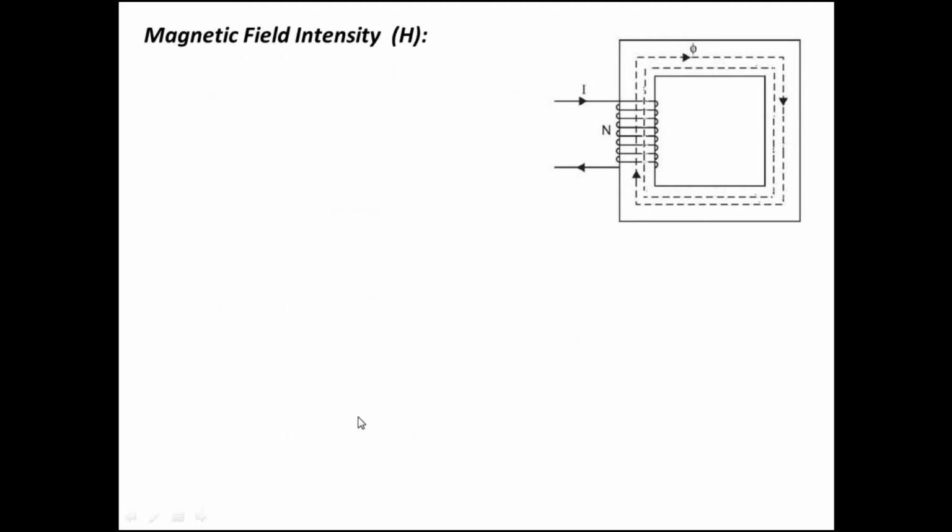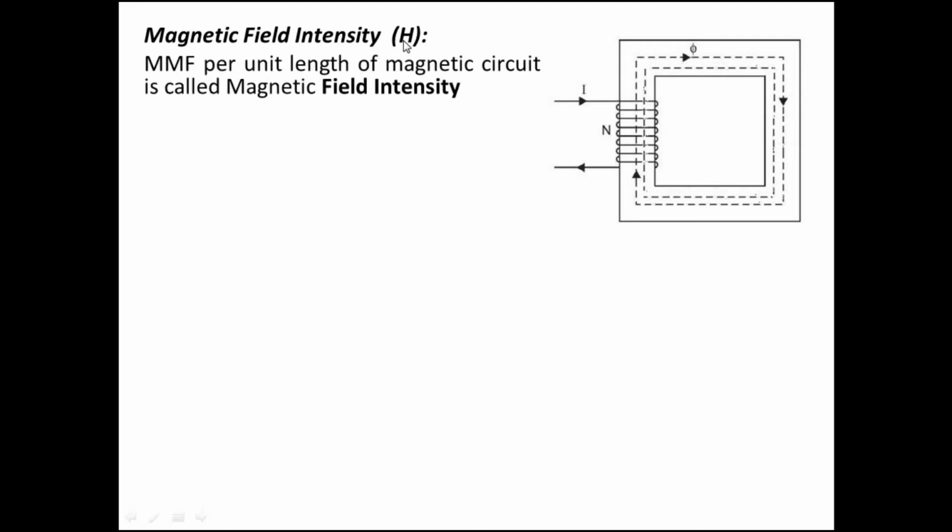And next is magnetic field intensity or magnetic field strength. It is denoted by the letter H. It is the MMF per unit length of the magnetic circuit.